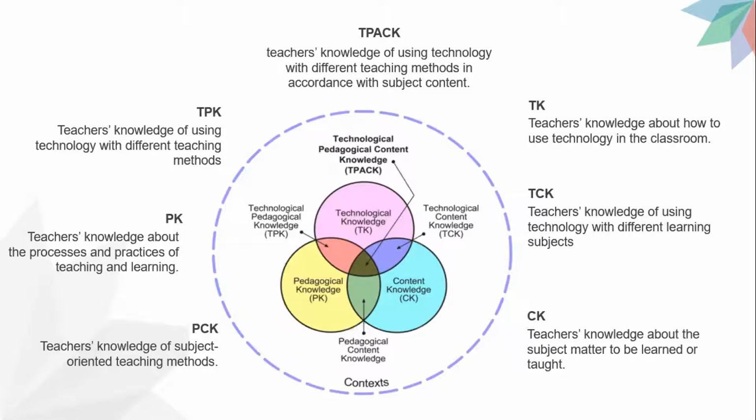Those were proposed by Shulman in 1987, but then Mishra and Koehler found out the intersections of the three. So the intersection between TK and CK yields the technological content knowledge, and the intersection of CK and PK yields the pedagogical content knowledge. And then the intersection of PK and TK yields the technological pedagogical knowledge.